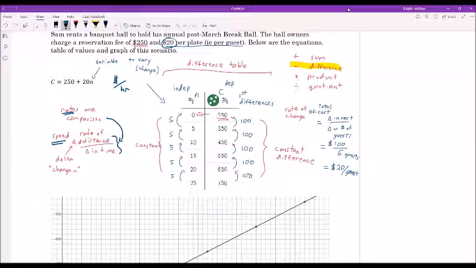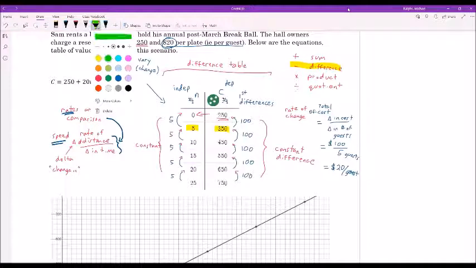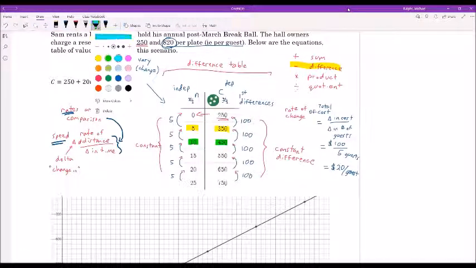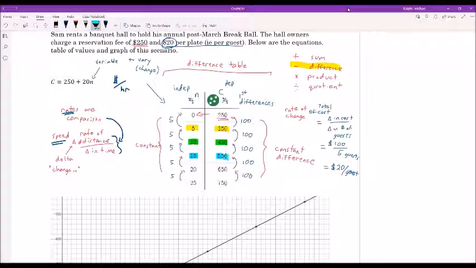So for each different scenario, we look at what the cost is when there are 5 guests, what the cost is when there are 10 guests, what the cost is when there are 15 guests, etc. So the value of n is changing, is varying. That's why it's a variable.